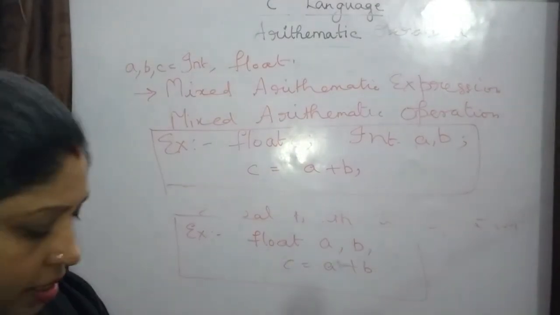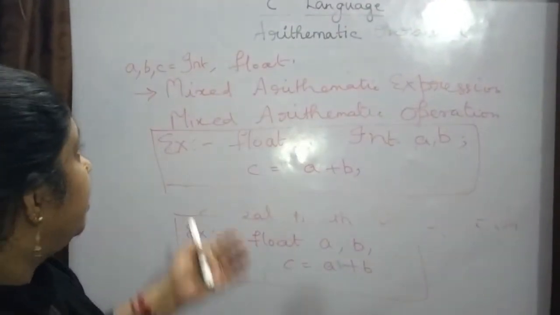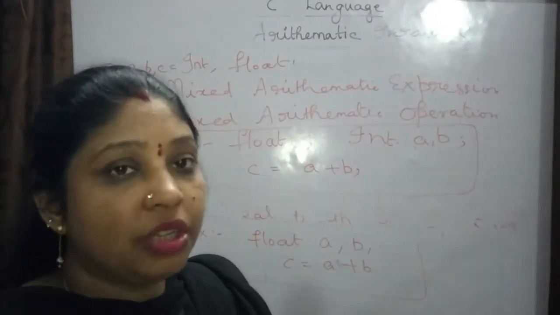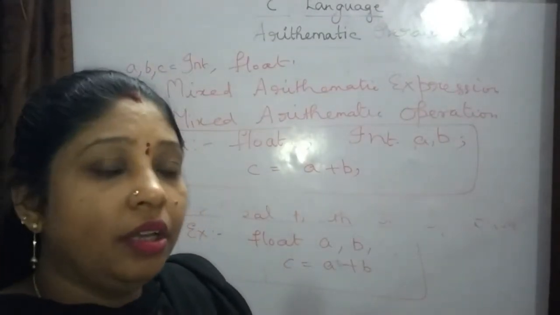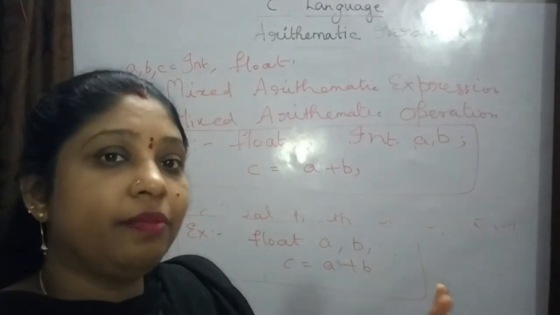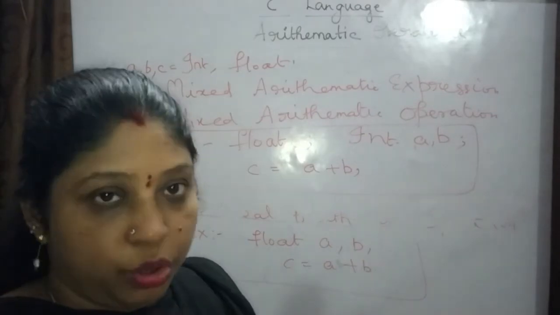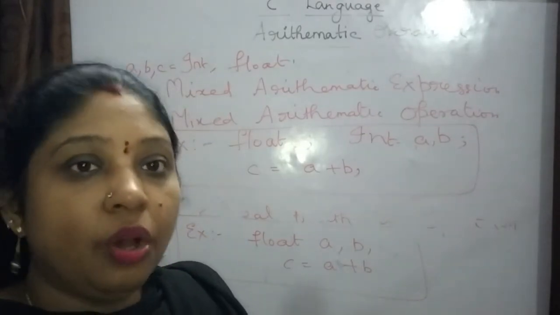So this is the example for a mixed arithmetic expression. You might have understood integer arithmetic expressions, real arithmetic expressions, and mixed arithmetic expressions. Integer will be only integers, real will be float, and mixed is using both integer and float data types.